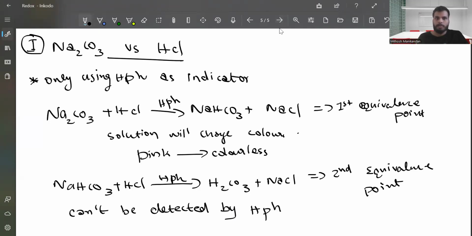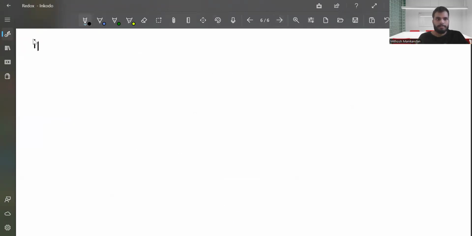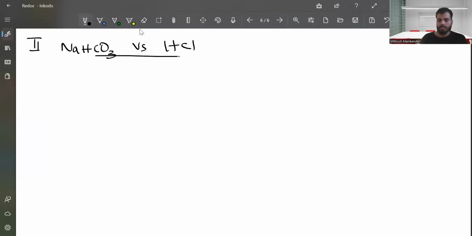Okay. Now let's look at the second case. We have NaHCO3 versus HCl, correct? Wait, not NaHCO3, sorry, both are the same: Na2CO3 versus HCl again.